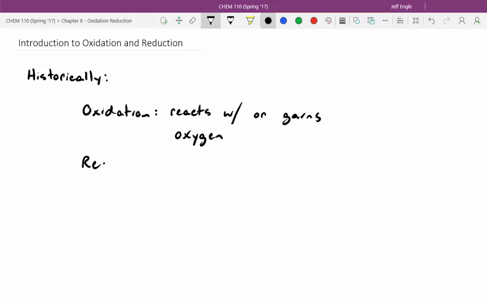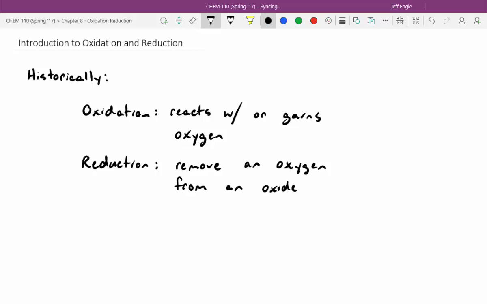Reduction, on the other hand, is where you remove an oxygen from an oxide. So, for example, if you've got iron oxide and you remove oxygen from it, you get elemental iron back out. That would be a reduction reaction.